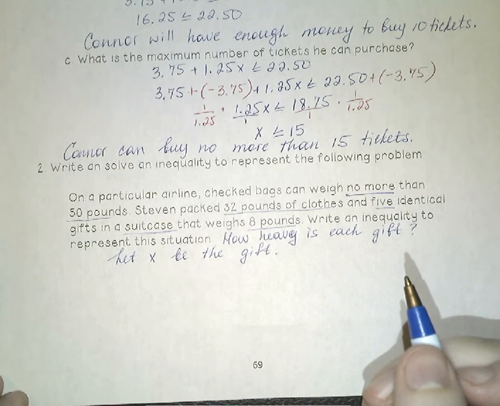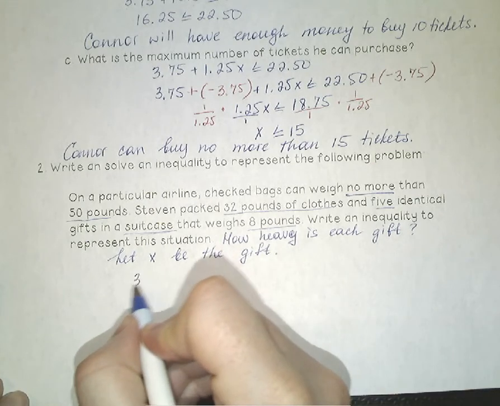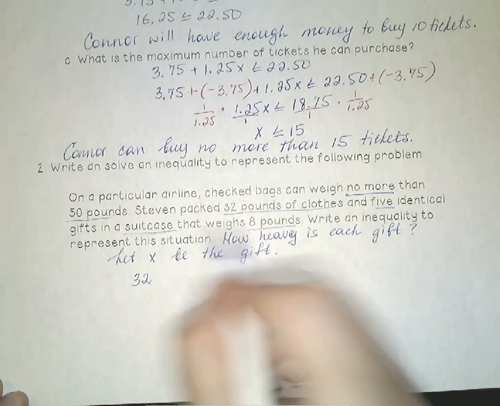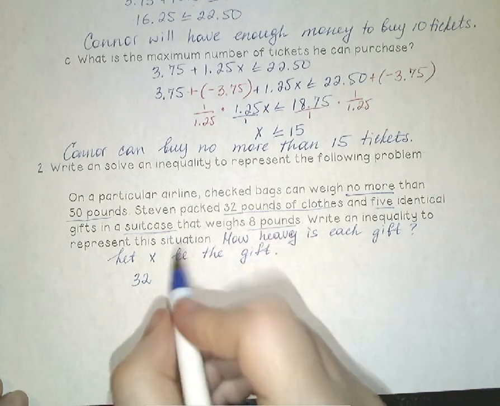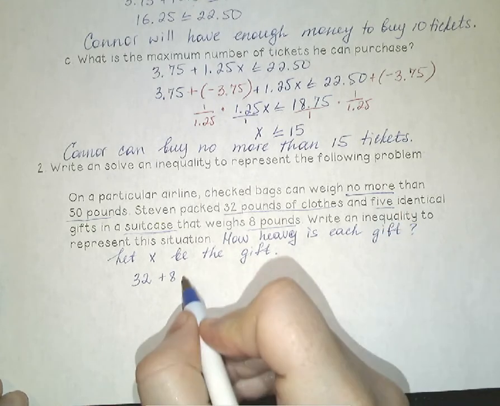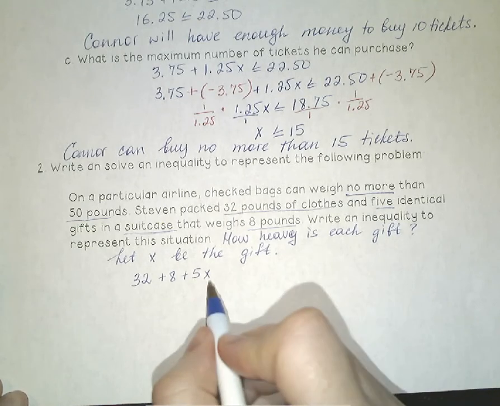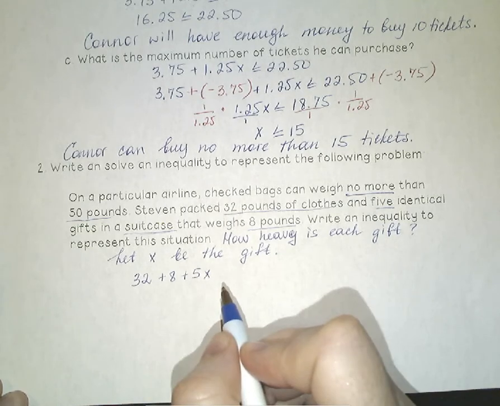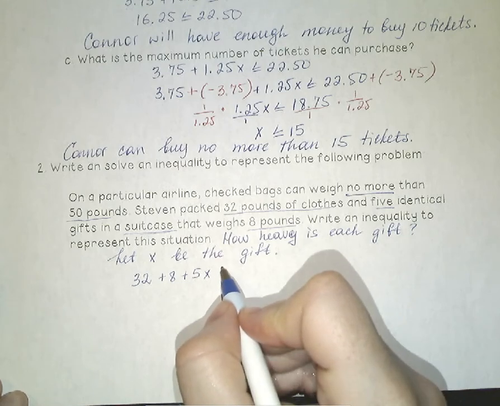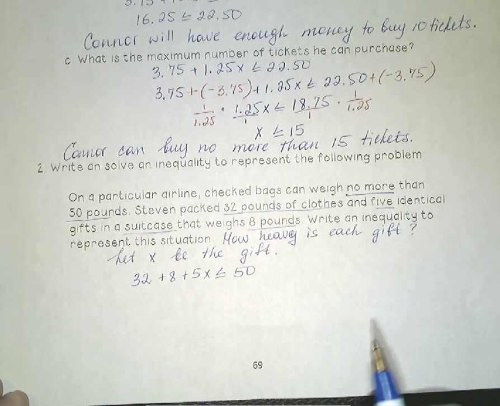All right. So now we have 32 pounds of clothes. We have a suitcase that weighs 8 pounds, so plus 8. We have 5 gifts, which is 5x, and that cannot exceed 50 pounds. So it can be 50 or less. So less than or equal to 50 pounds.